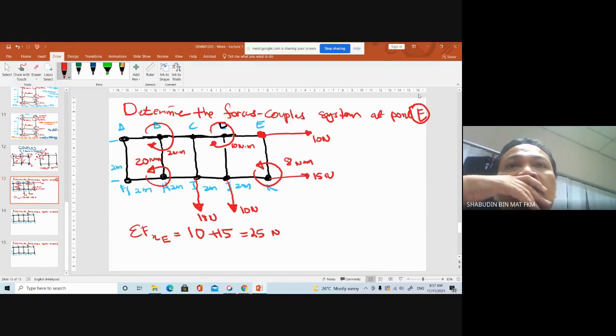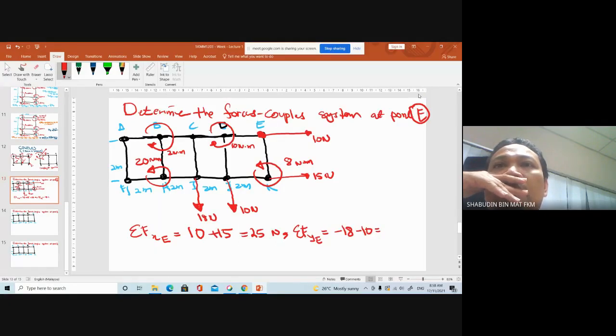Then what else you have? Summation of force in Y at point E equals negative 18 minus 10, that equals negative 28 Newton. Okay, there is the sum of the resultant of forces at point E.